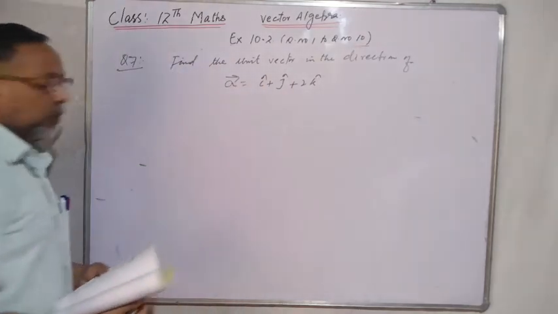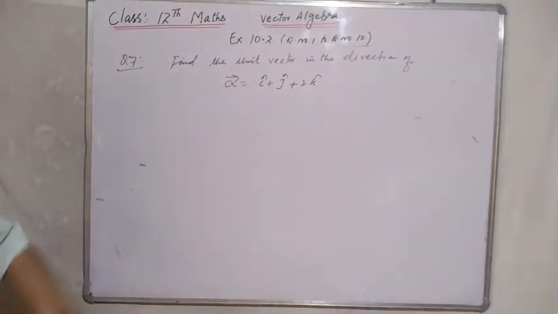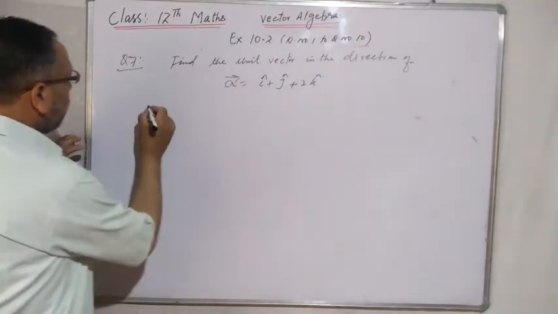You have to find the unit vector in the direction of this vector A.